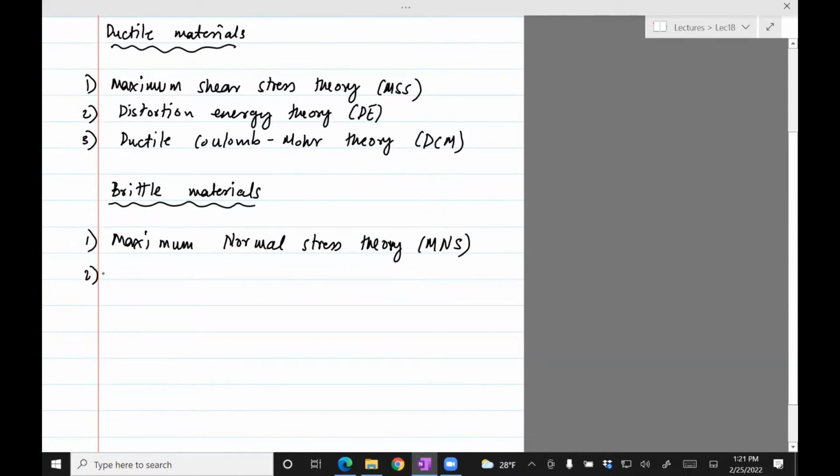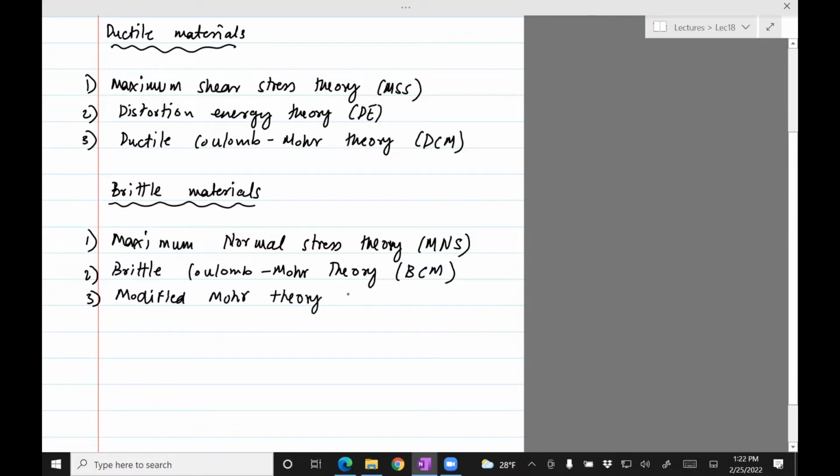There's the equivalent of the Coulomb-Mohr theory for brittle materials called the brittle Coulomb-Mohr theory, or BCM. And then finally, the modified Mohr theory, MM.